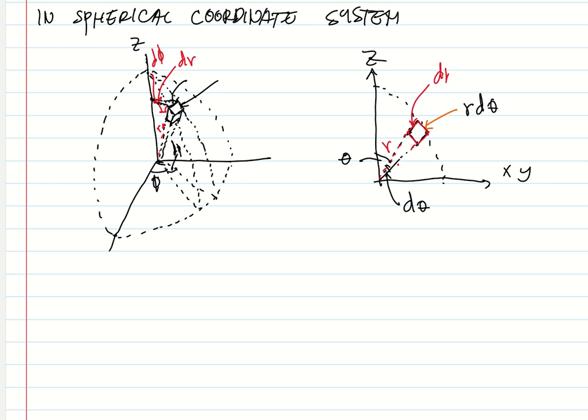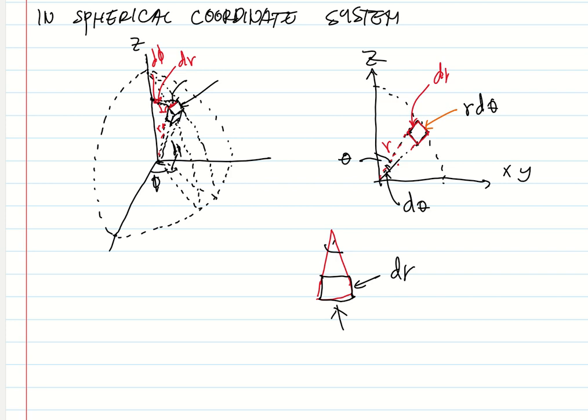That's the projection of d phi at the top side, and this will be our length. If we take the top view of that, it will look like this. This will be our top view of the volume. This is dr, and this is what we want.